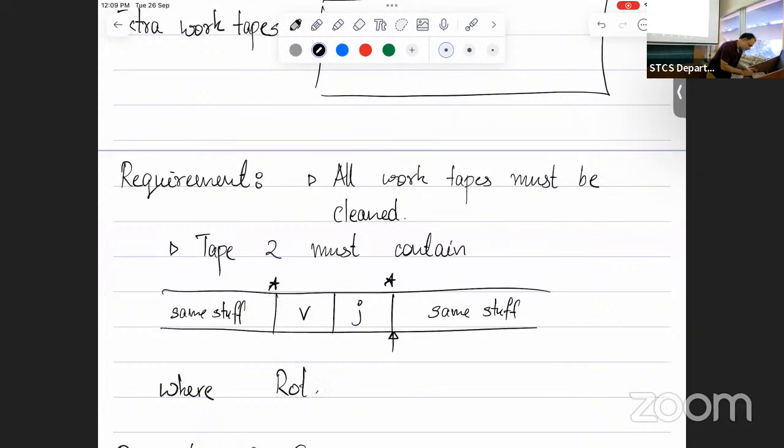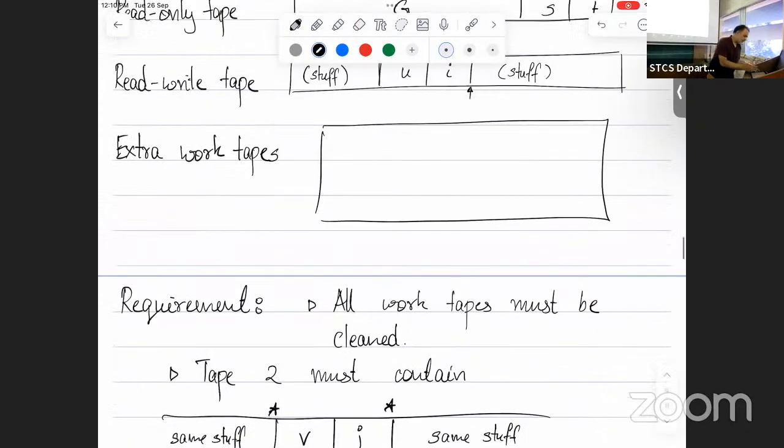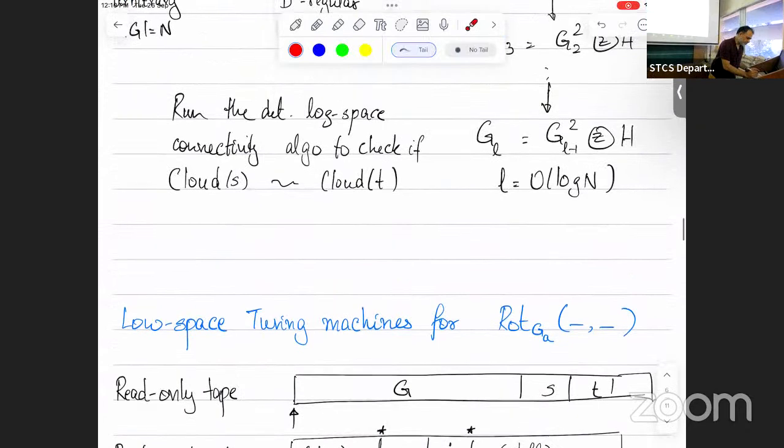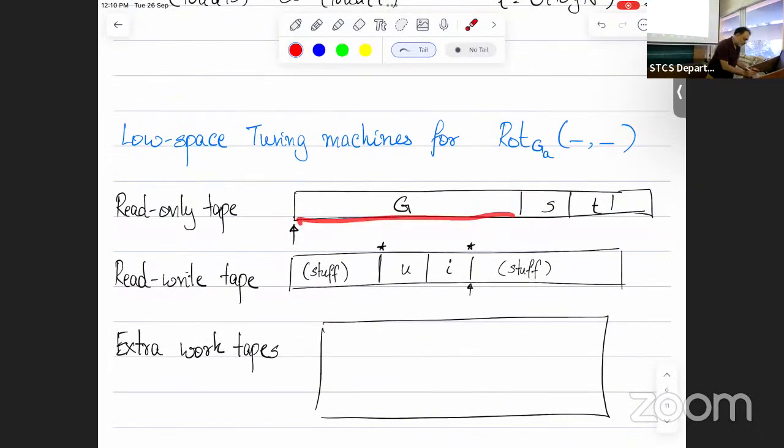Where rot GA of u comma i equals v comma j. So what was A? So A is some index. Maybe I want to compute the rotation map of GL, in which case A is equal to L. But I want to make sure that what is on this read-only input tape is only G. I don't really have access to GL. GL is all implicit. Okay.